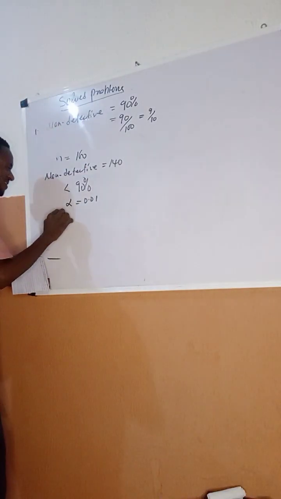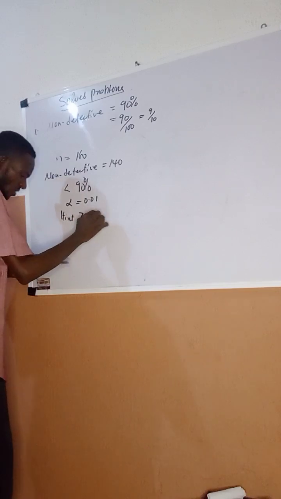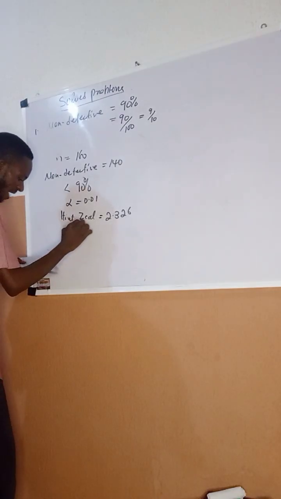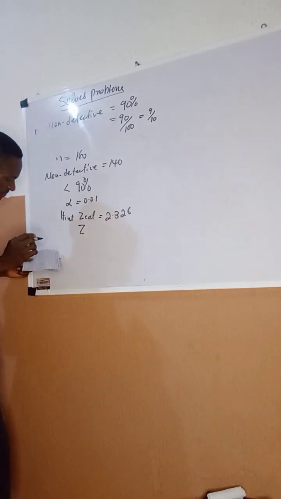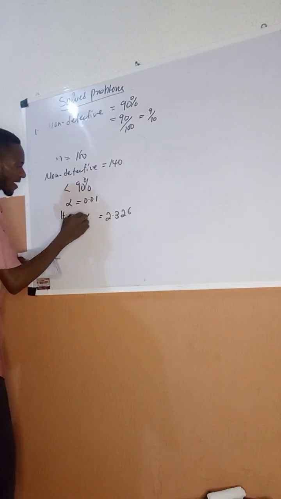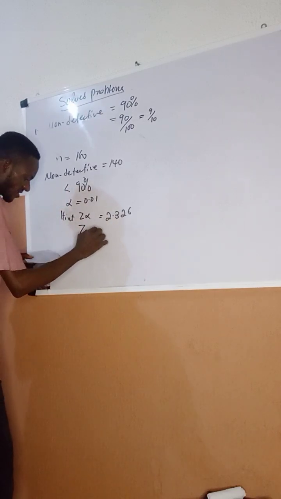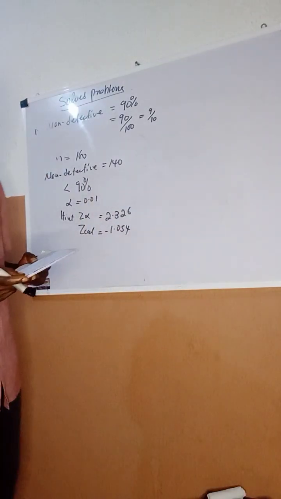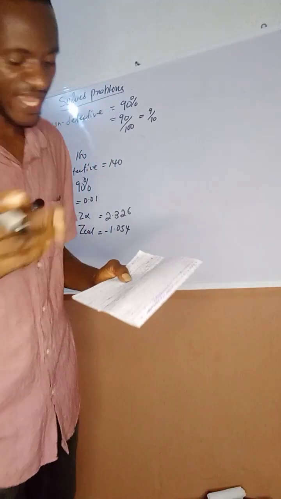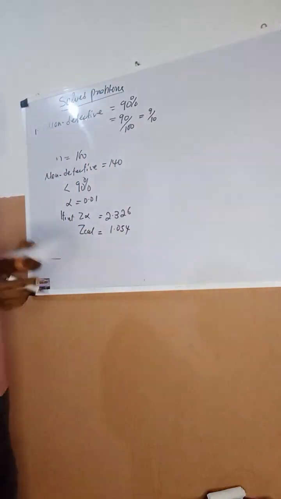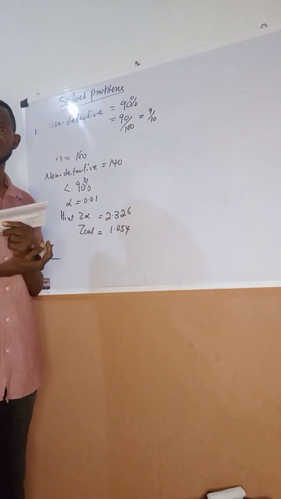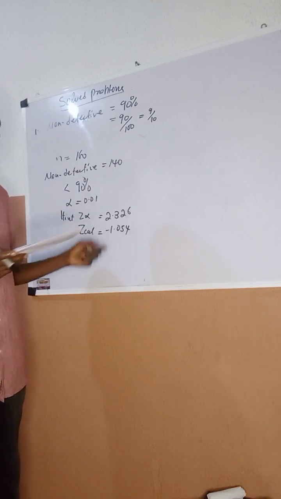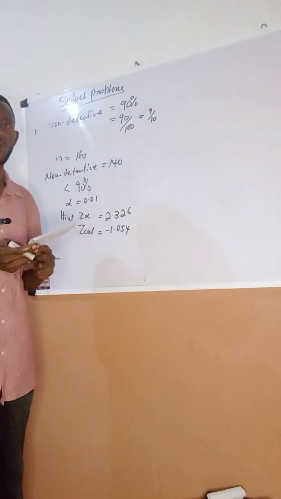They say that our z-cal equals 2.326, and then our z-tab, which is our z-alpha, is this, and our z-cal equals minus 1.054. That is the value which they gave us.